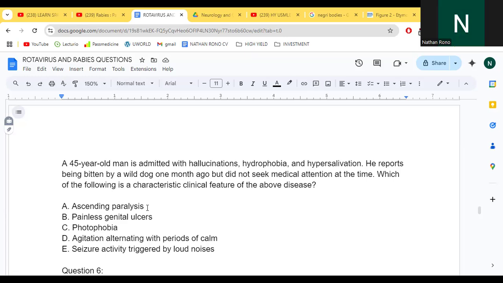So why is E wrong? Triggered by loud noises. Their seizures are not attributable to noise.